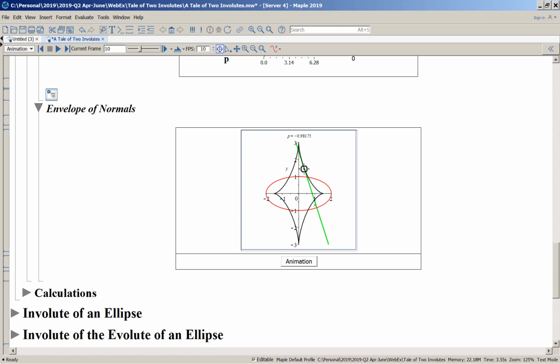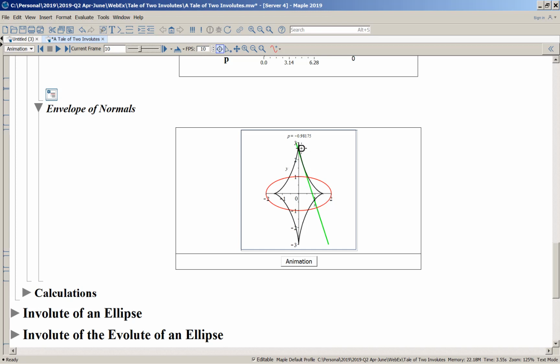One point on the evolute is in common with one of the normal lines. That's what we mean by an envelope.